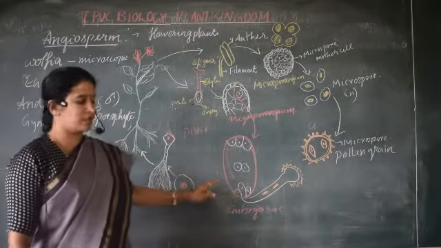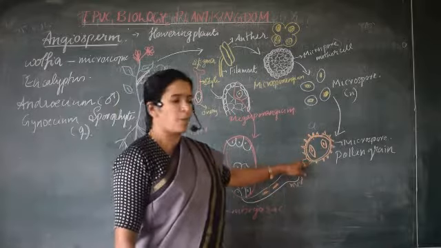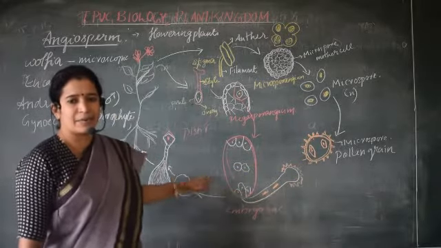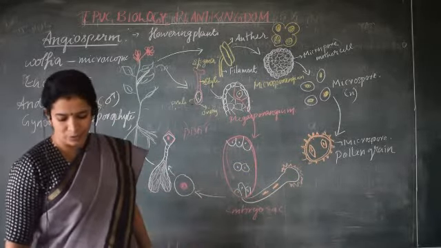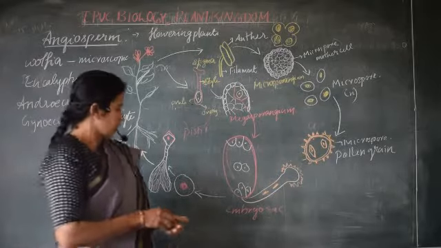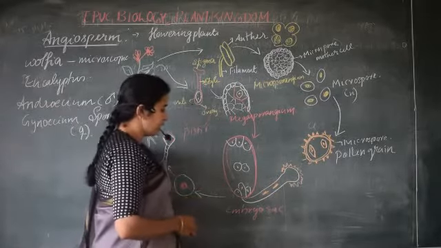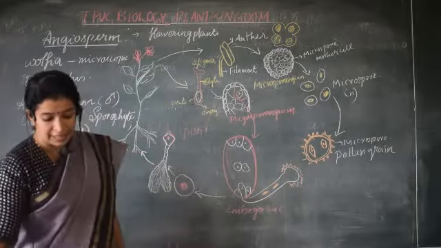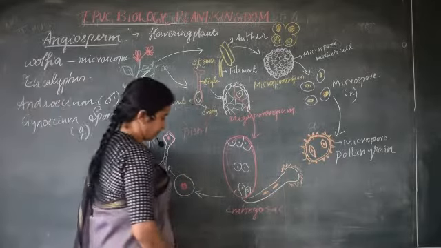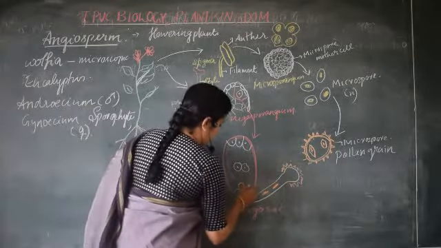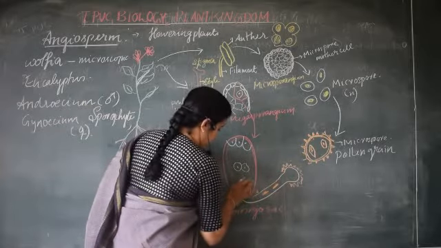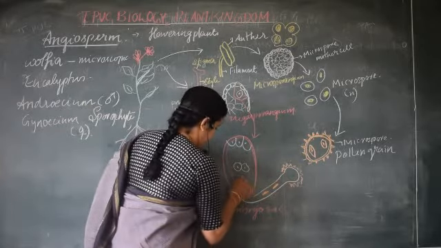Now, this structure is not as simple as a pollen grain. It has many cells inside. What are those cells? Let us understand now. See, there is a 3-celled egg apparatus. Here we'll label it.